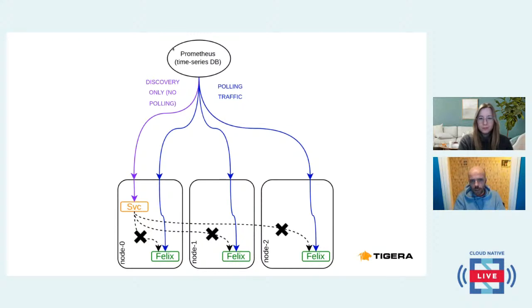But actually, when we use Prometheus, which is a time series database that we're going to set up in a minute, we don't use a service like that. We use the service to discover the location of the Felix agents. What I've tried to show here with the dotted lines and the crosses is that we don't actually use the service for polling. We only use it to discover where the things that we want to monitor are. And then the polling traffic actually goes directly to the Felix agent on each node.